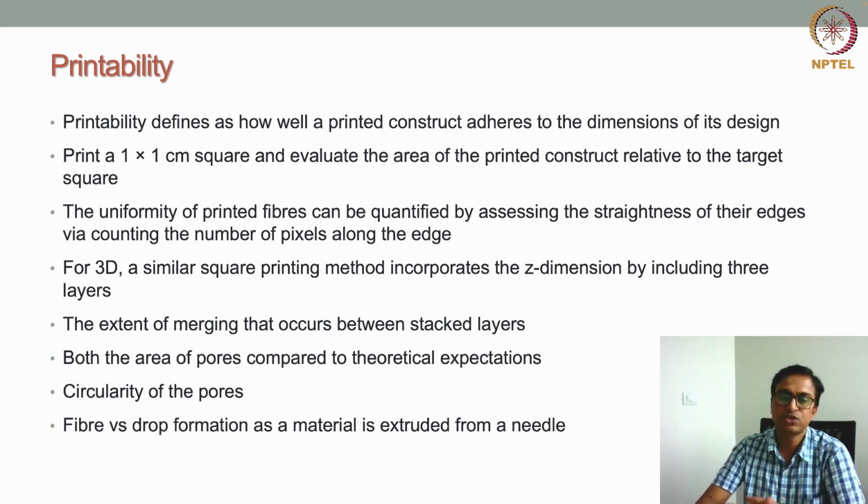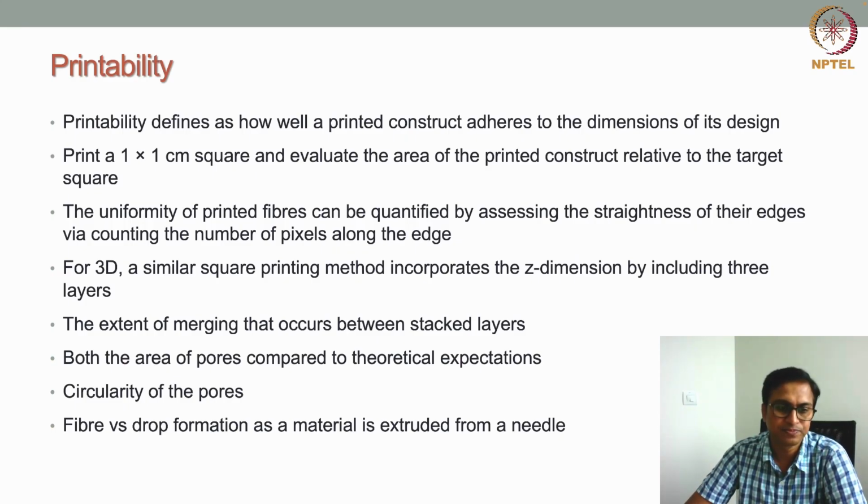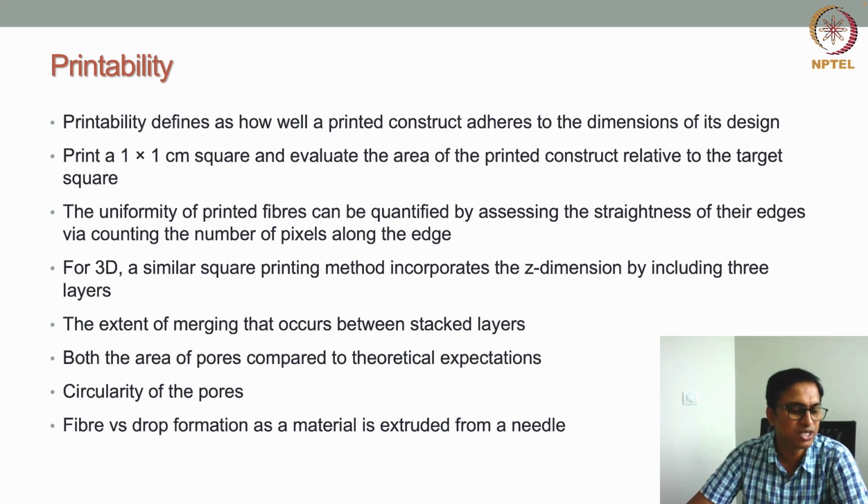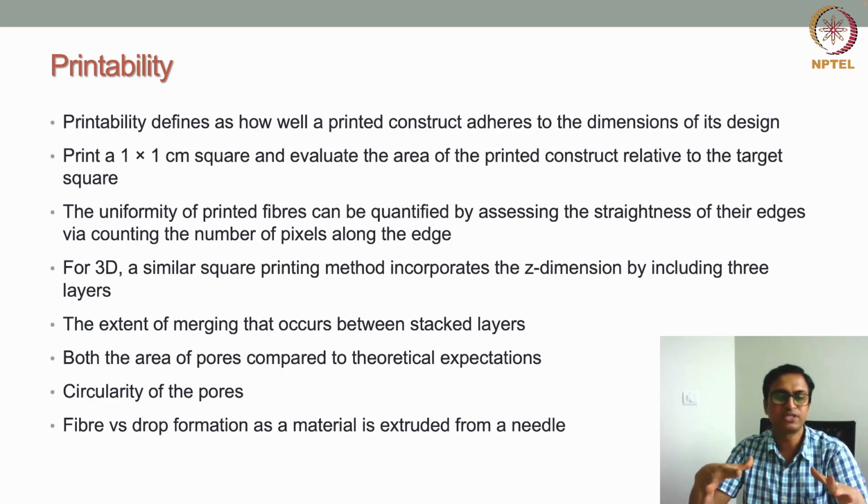If the pores are perfect squares, that can have an implication that the bioink has very good printability. If the pores are becoming circular, that means there is a widening or deformation, a spreading of the lines, that can lead to circularity of the pore.